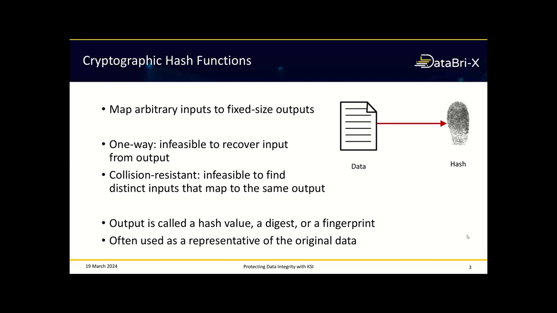There is a verifiable link between the data and the hash. And if you think about the fingerprints of humans, most of the properties of how humans and fingerprints are related to each other carry over. So just like it's impossible to recover the original data from the hash value, it is also impossible to recover the human from the fingerprint.